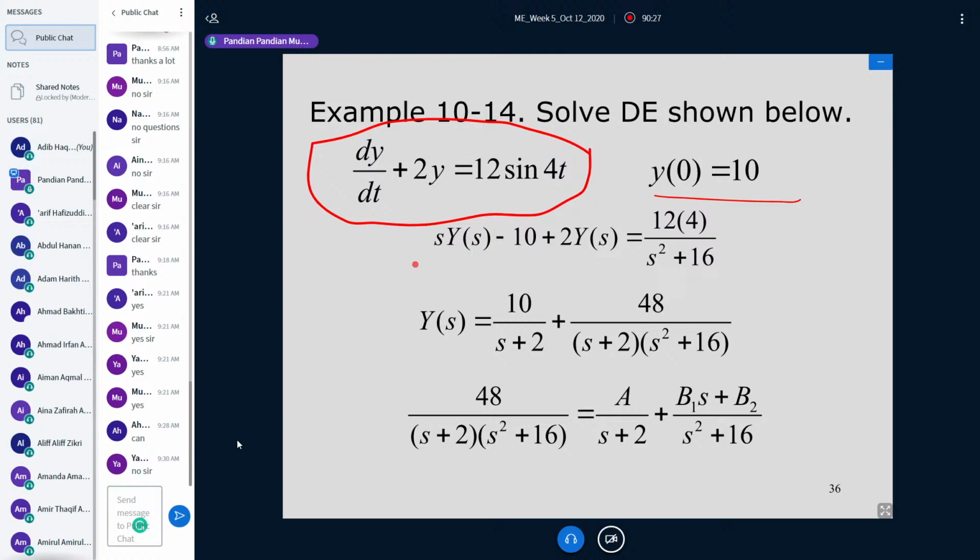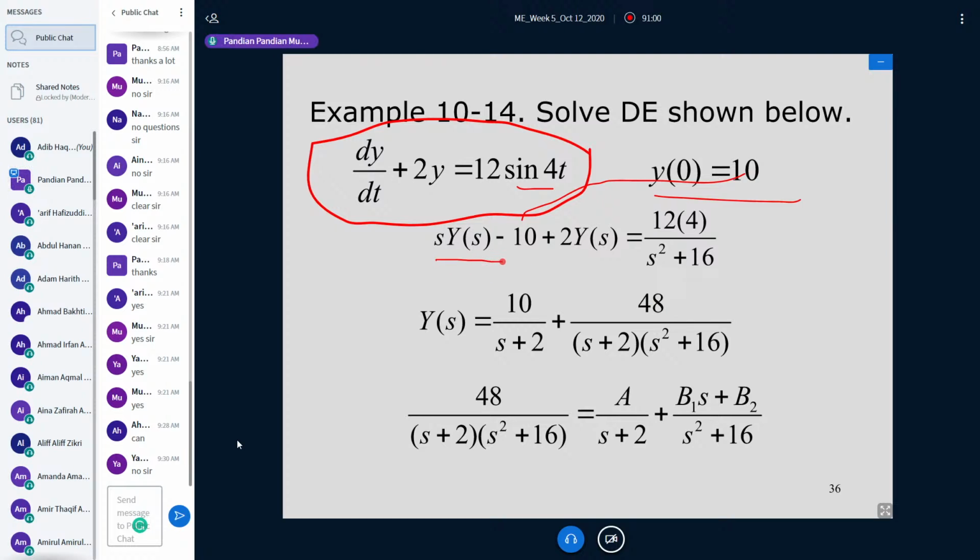See, they already skipped the Laplace of dy/dt, straight away sY(s) minus y(0), put 10 here, plus 2 Laplace of y, which is Y(s), equals 12 times the Laplace of sin 4t, which is 4 over s squared plus 16, because this k is 4. So for sin kt, s squared plus k squared is 16, you must put 4 here. So 12 multiplied by 4 is 48.